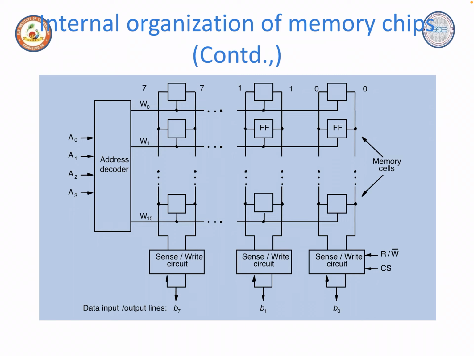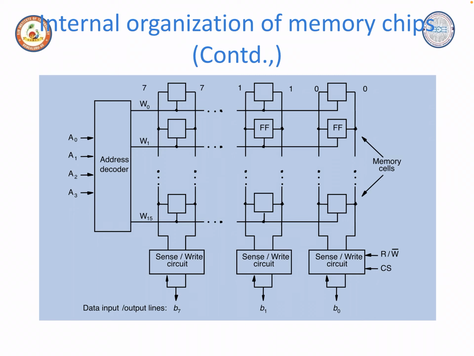The address, if I specify it as a word address, is W0 for the first row, W1 for the second row, and so on, up to W15. So W0 to W15 means we have a total of 16 rows and 8 columns.